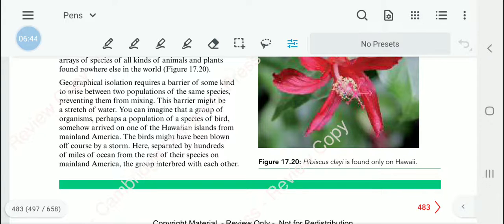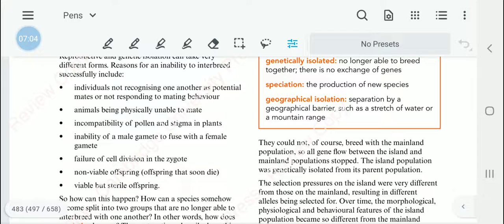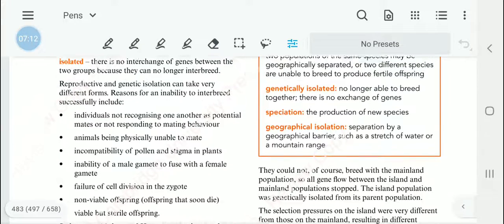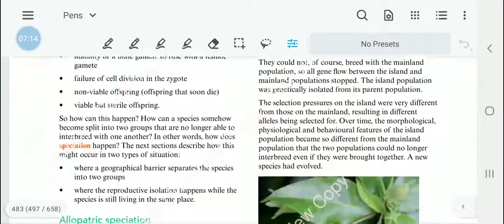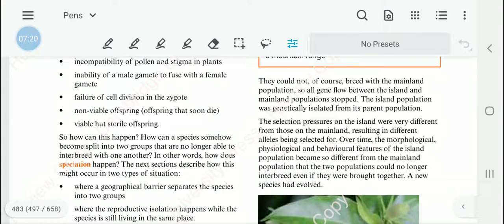Because of the separation between the mainland and these islands, they started living there, and now they cannot fly back to the mainland without that odd storm that blew them onto the island. Because that is not likely to happen, they started living there, and they became genetically different from their ancestors.